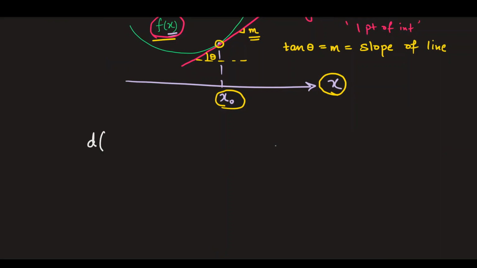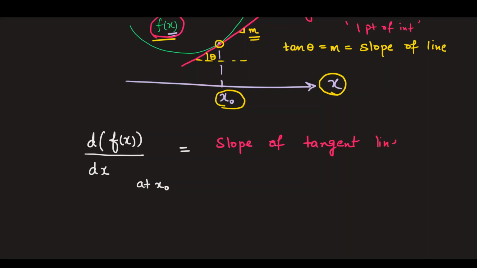If we have to write this in more formal terms, we say d of f of x upon d of x at x naught is equal to the slope of the tangent line drawn to f of x at x equal to x naught.